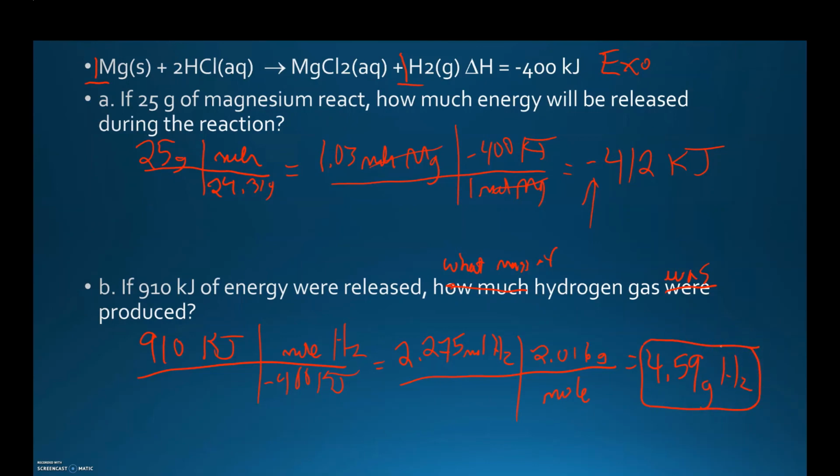So from 910 kilojoules of energy released, we can figure out how many grams of hydrogen gas was produced. This is just a couple examples of how we would use the delta H for a reaction.